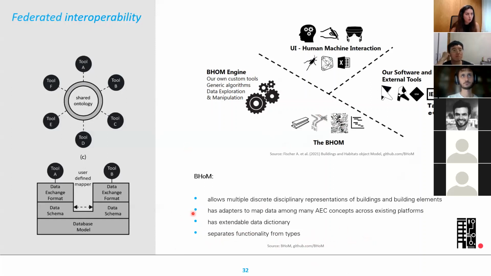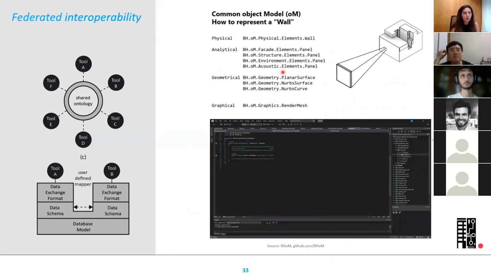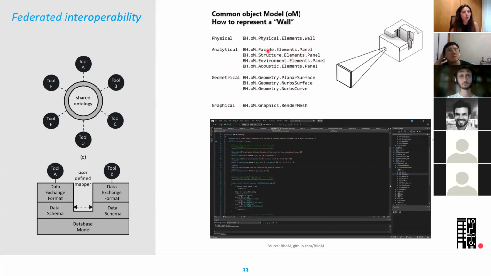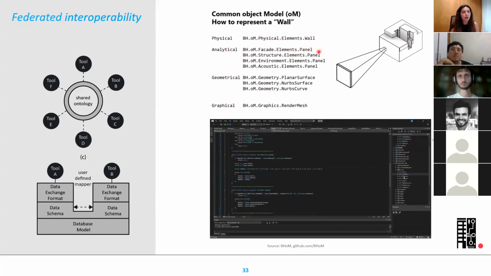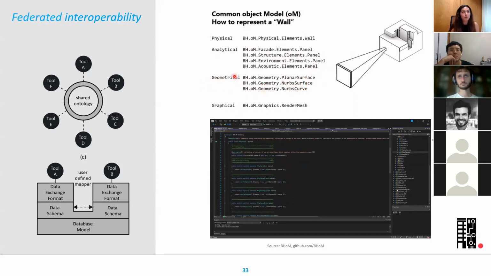So this is, for example, one wall that can be represented in different disciplines. It can be a physical wall. It can be one analytic facade element panel, but it can also be just a planar surface as a geometrical representation.